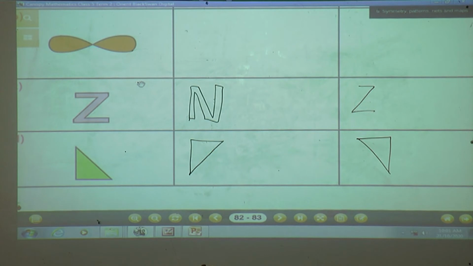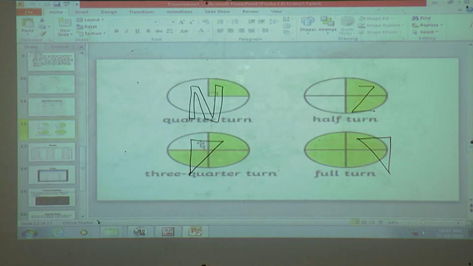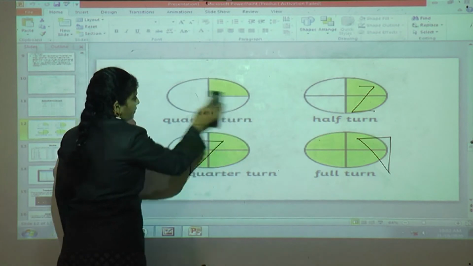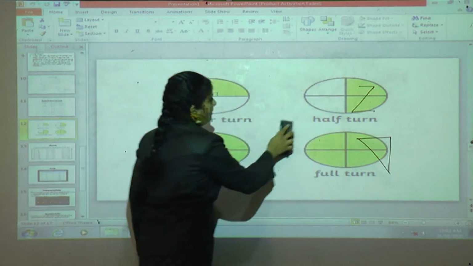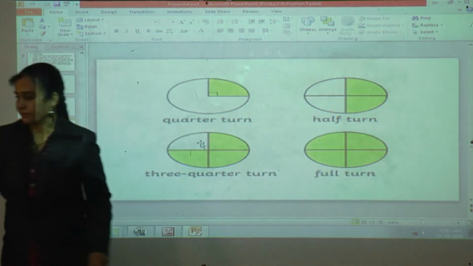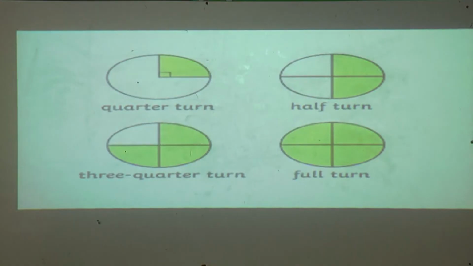Okay students, now see here, here are some figures we just studied. Now see quarter turn. Quarter turn means what?